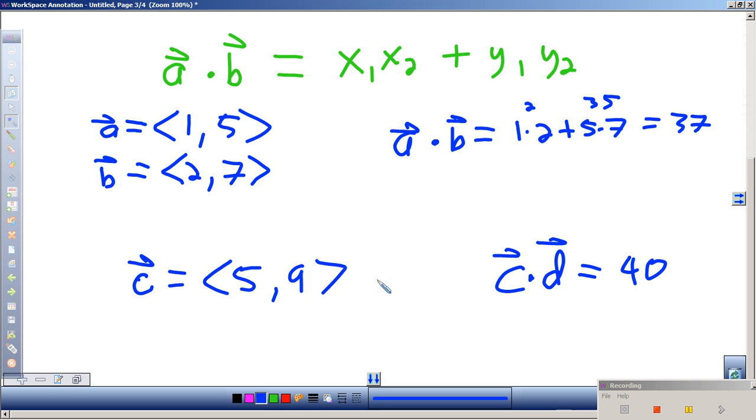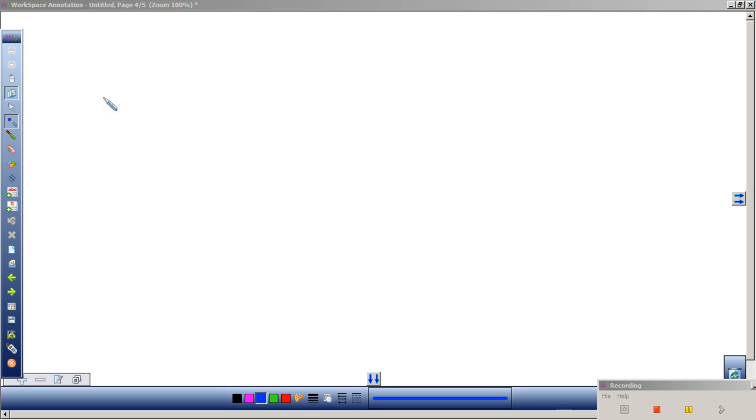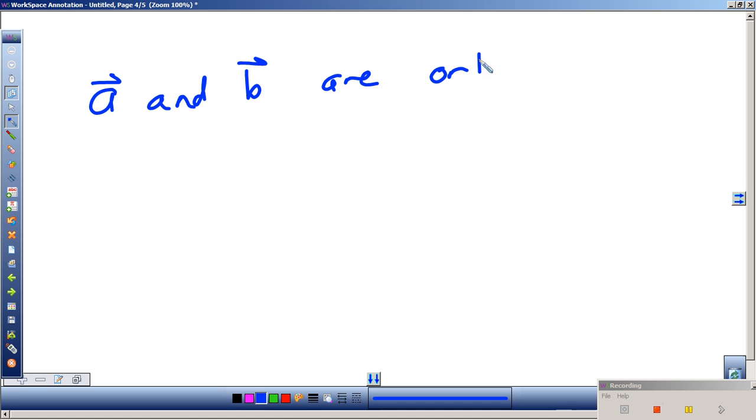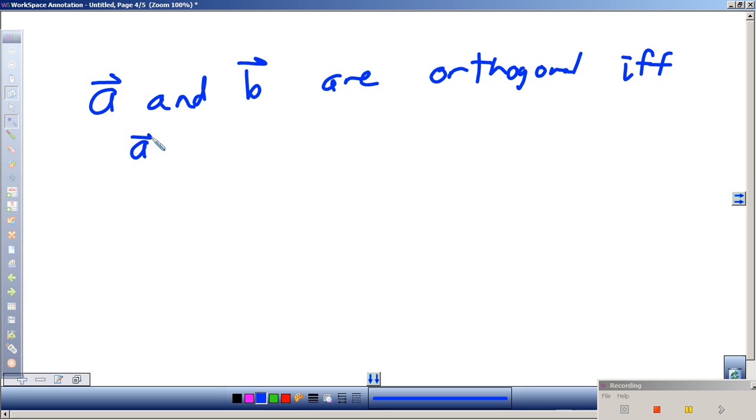The question becomes, what is the dot product useful for, right? One of the things: A and B are orthogonal if and only if A dot B equals 0.